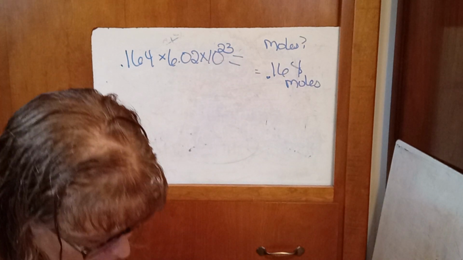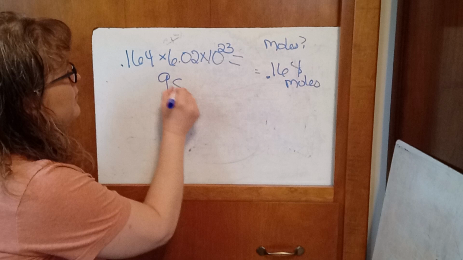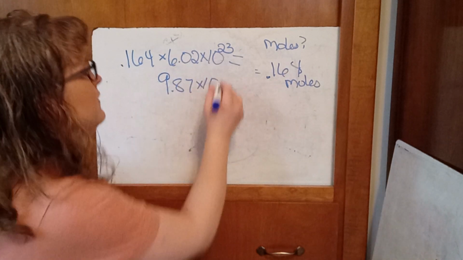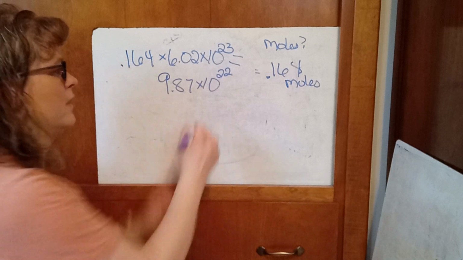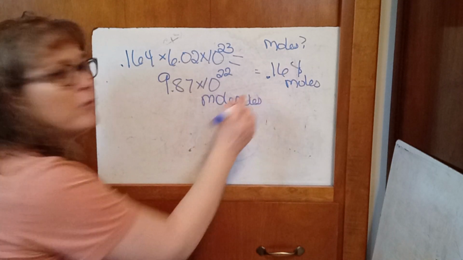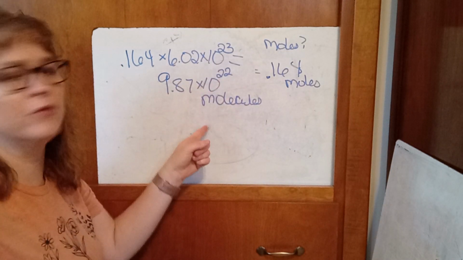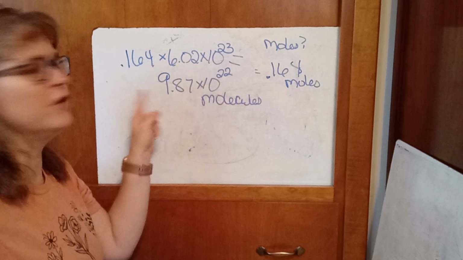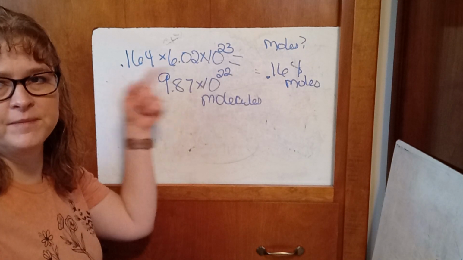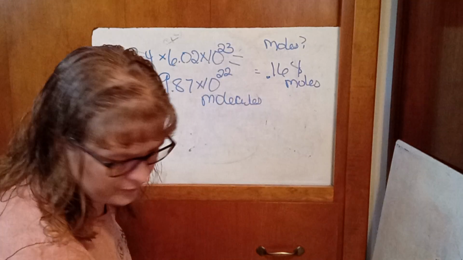And when you put that in your calculator, you should get 9.87 times 10 to the 22nd molecules. Don't forget to label what you have. 9.87 times 10 to the 22nd molecules. If you put this in your calculator and you do not get this, you need to talk to me. Okay? We need to make sure you can put that into the calculator.